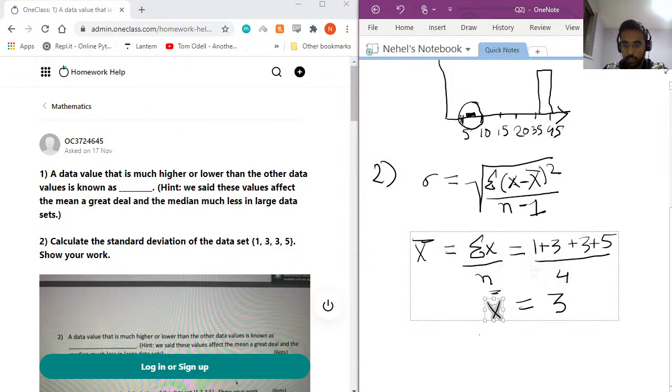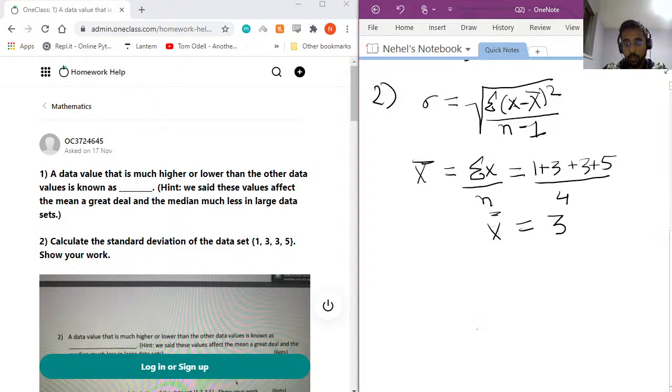Now if we plug that into our equation above, what we would get is sigma equals, I'm going to write out the entire sum so that it's clear. This sigma up top essentially represents the sum of all the values.